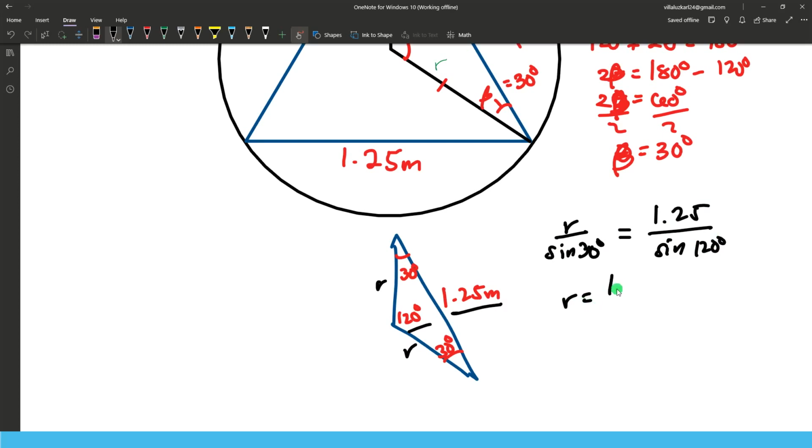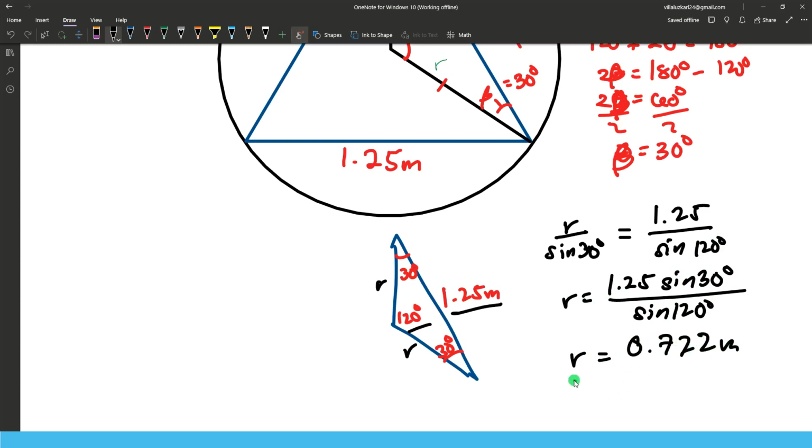So r equals 1.25 sine 30 degrees over sine 120 degrees, so r is 0.722 meters.